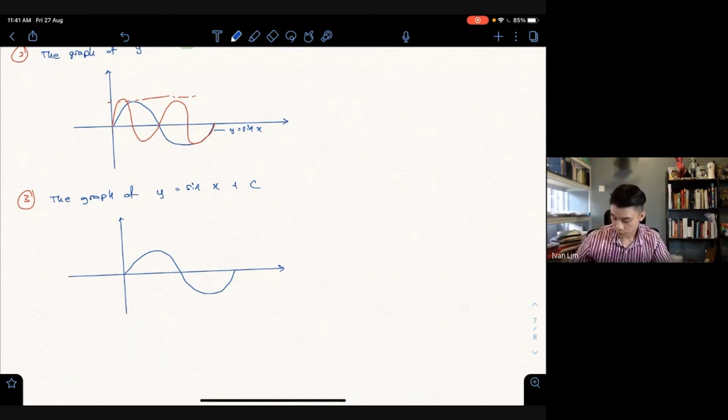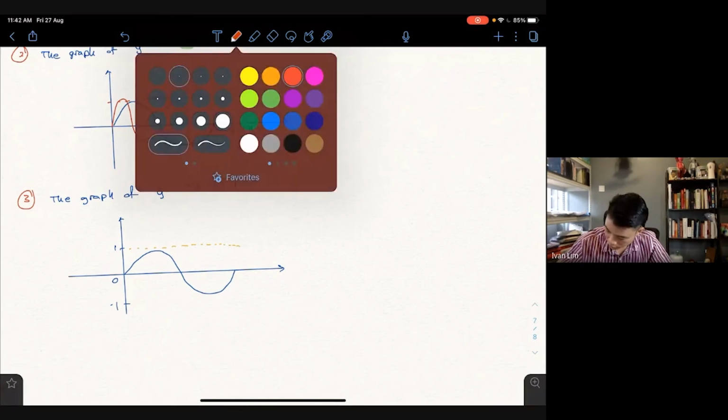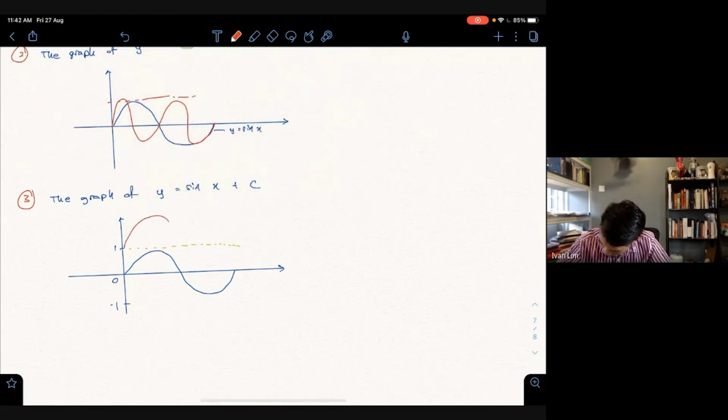The original has 0, 1, and -1. So what will happen is your entire graph right now, your new principal axis will be 1, and your graph will look like this. Wow, this one is so smooth.